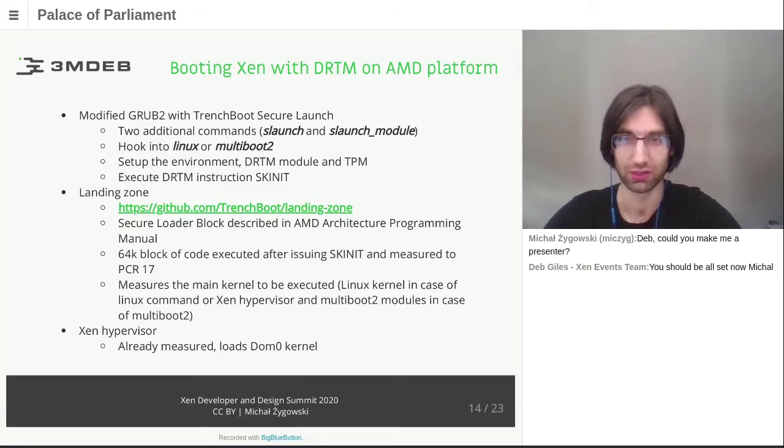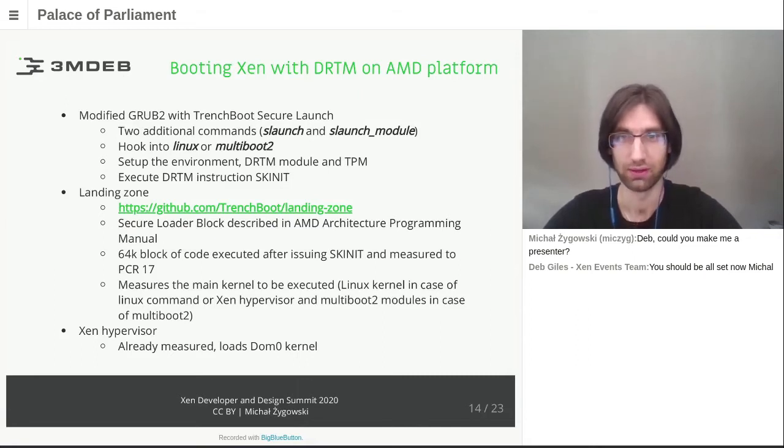They are used to indicate to GRUB that we want to perform a secure launch, and it selects the module that is used to execute DRTM. It's either the Intel ACM or the landing zone. And slaunch tells that we want to secure launch.